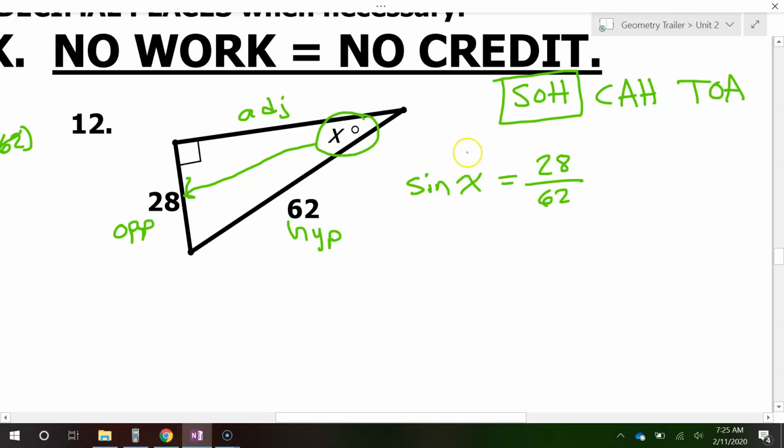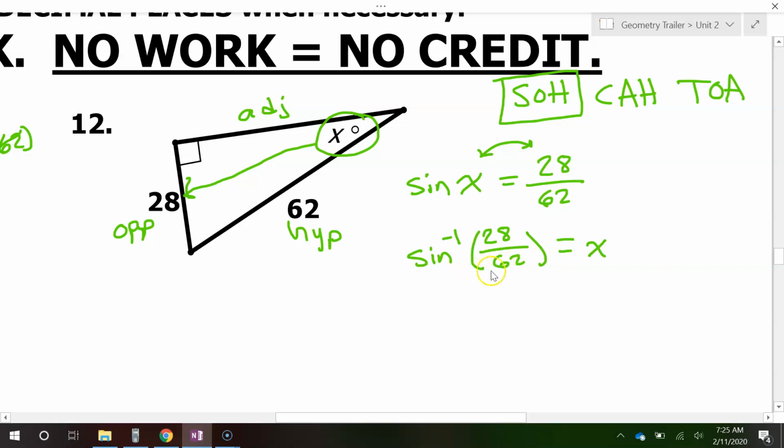When the variable is inside the trig function, this is when we do the inverse. So instead of sine, we will write sine inverse. And these two will kind of trade places. So we will have inverse sine of 28 over 62 is equal to x.